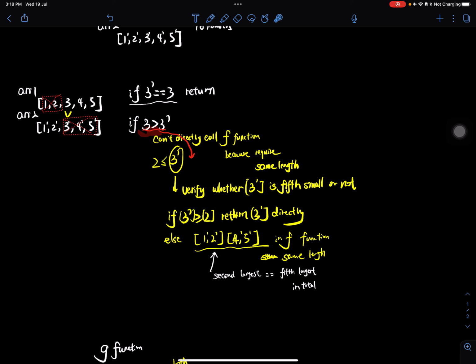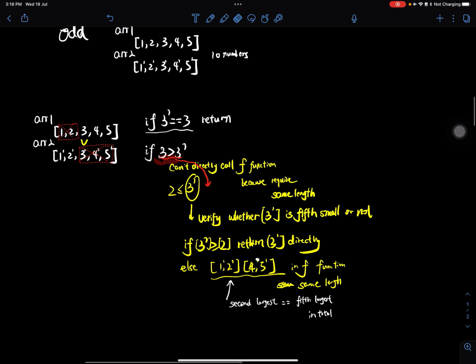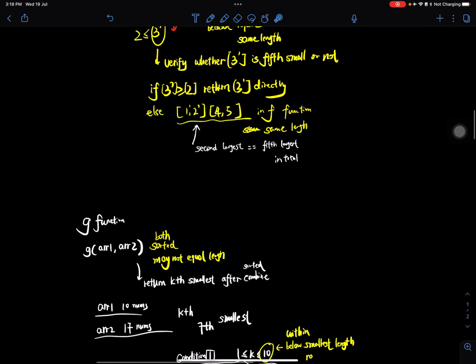Else, we exclude 3 prime, then we combine these two potential arrays together and we apply the same logic. The second largest equals the fifth largest in total.